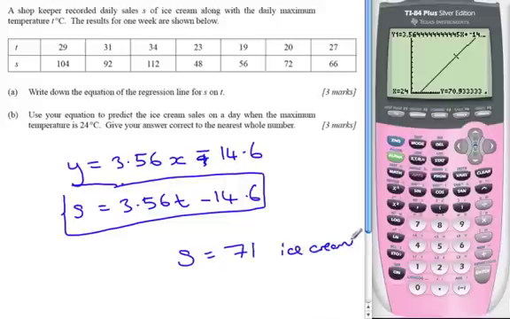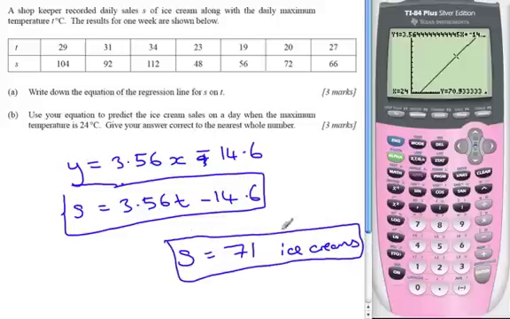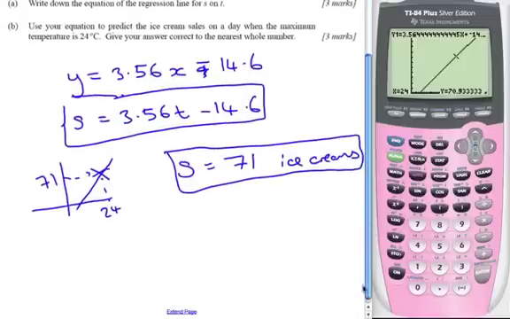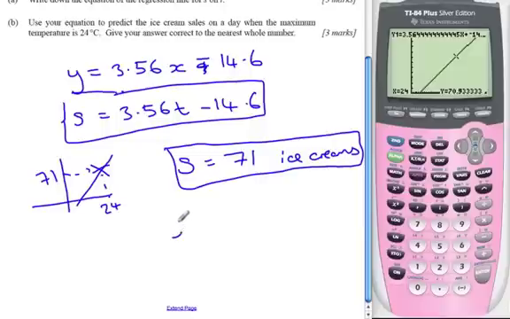Good. Now both of these are worth 3 points. What you can do for method marks in the second part is you can draw a sketch and clearly indicate on that sketch what you've done, labeling that point. Or if you're a little bit more traditional in your approach, what you can do is simply put the t value of 24 into the algebraic equation that you generated, the regression line, and solve it.